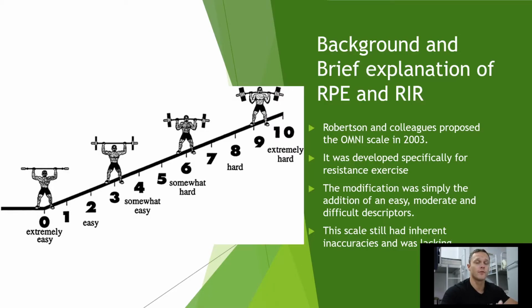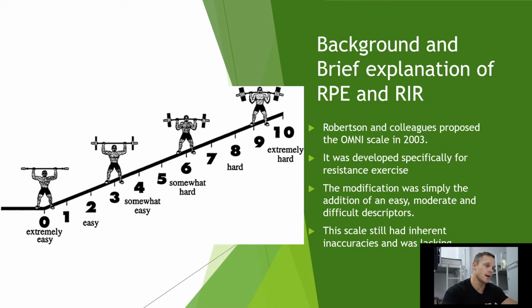So then we move forward and we move through to what's called the OMNI scale, which was developed in 2003 by Robertson and colleagues. So this is where we can start to gauge the level of strength training. So it's specifically designed for resistance exercise. There's simply an addition of some really simple descriptors, like extremely easy all the way through to extremely hard.